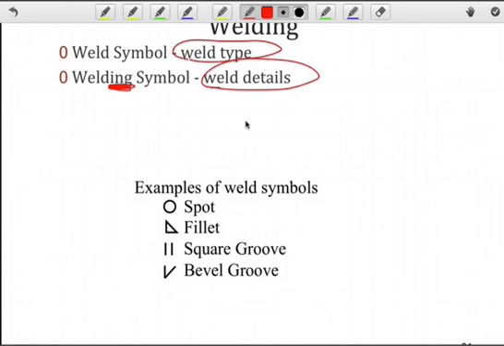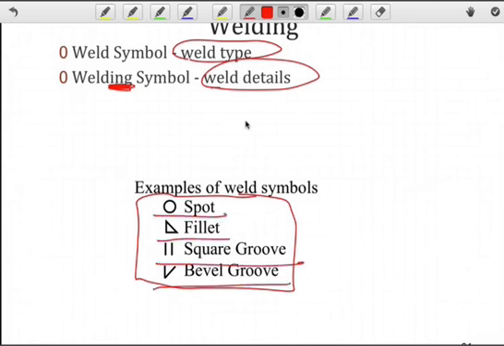Well, you could take a whole course just in welding symbols, and that's not the focus of this class, but I'd just like to point out some common types of welds that you might have seen in other courses: a spot weld, a fillet, a square groove, and a bevel groove. These are indicating the actual processing that's going to take place, and it's in the design specifications. So your work has already been done for you.